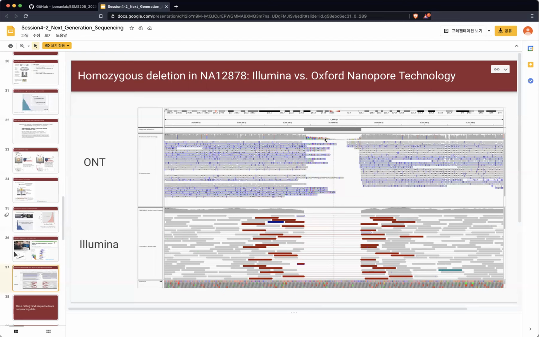If you think about the 2 strands of the chromosomes, then you have half position on here, half position here. So if you have the heterozygous, then you have half reduction of your read depth from the sequencing. Okay, so the point is that longer read sequencing gives you much more accurate information for large genomic events like structural variation or copy number variation.